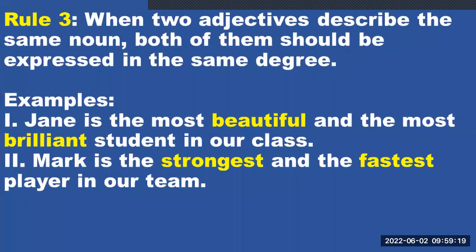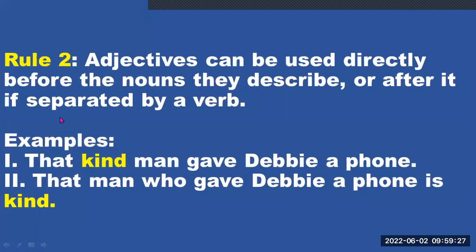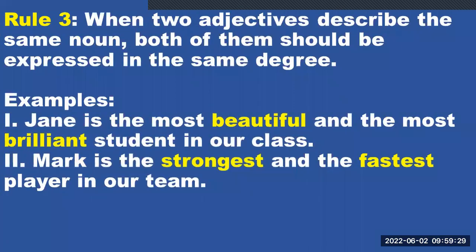Rule number 3: when two adjectives describe the same noun, both of them should be expressed in the same degree. You know, you have different degrees, like comparative and superlative degrees. But when the two are describing one particular noun, they should be in the same degree.